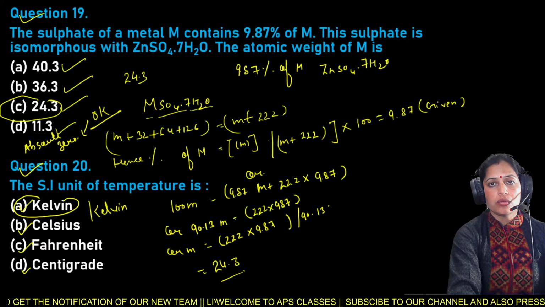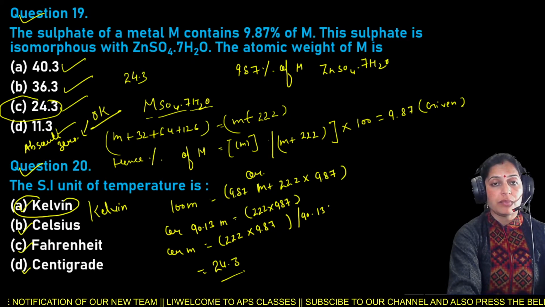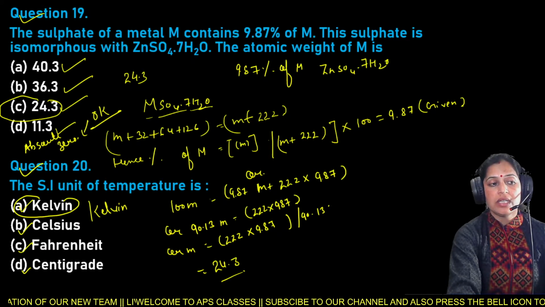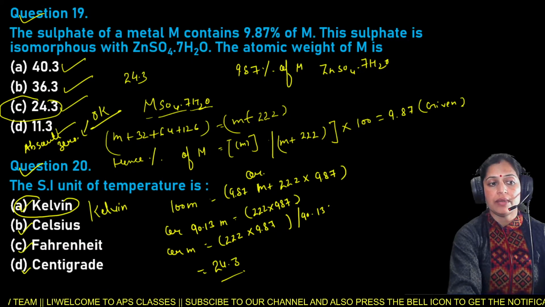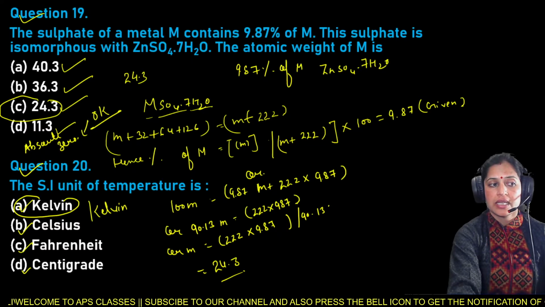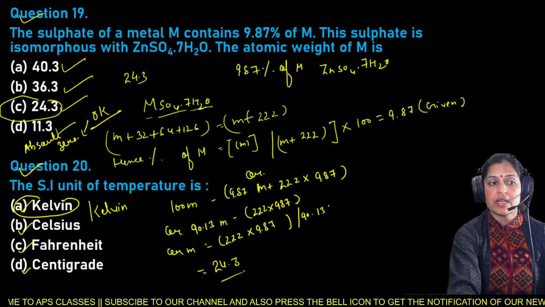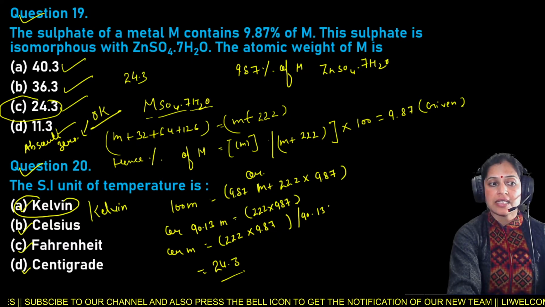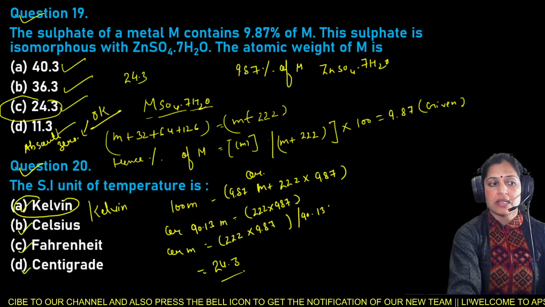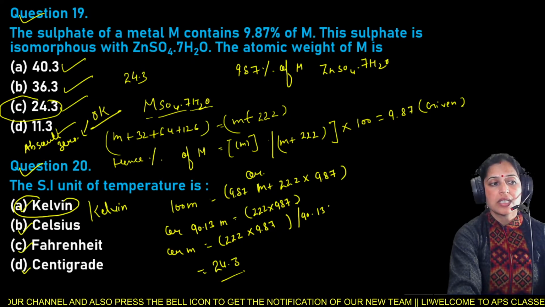Absolute zero according to the Celsius scale is approximately minus 273 degrees Celsius, and water boils at 373 Kelvin and freezes at 273 Kelvin. Scientists discovered absolute zero when they figured that as the temperature decreases, the volume of the gas also gets smaller.